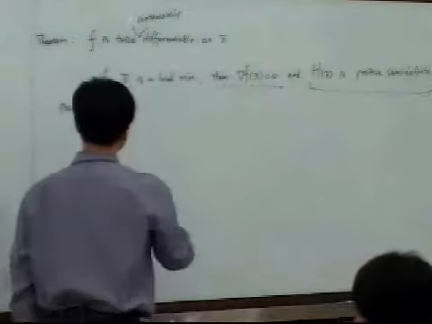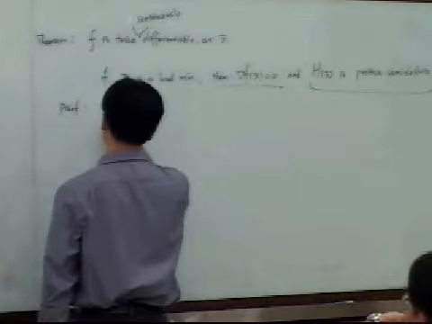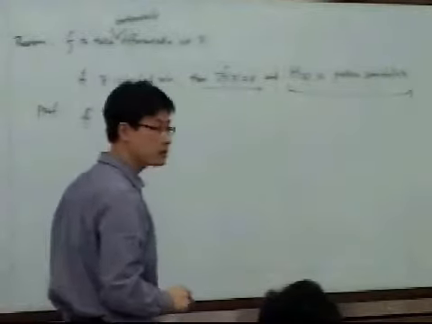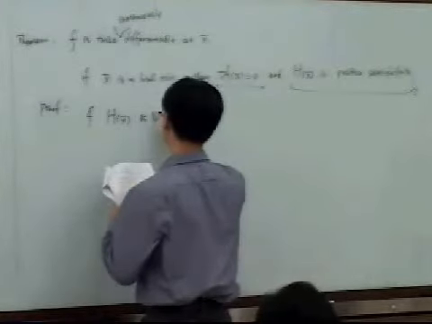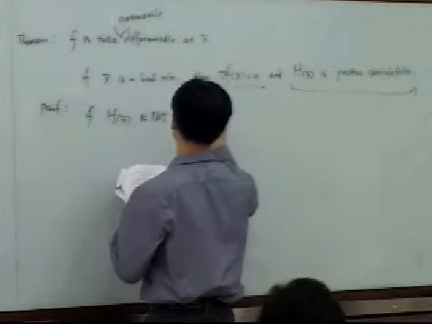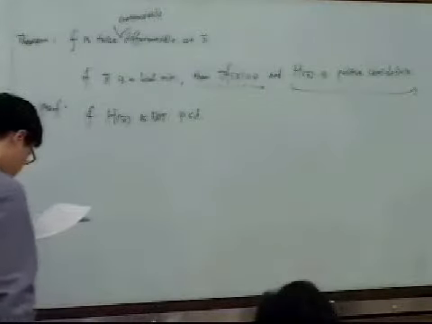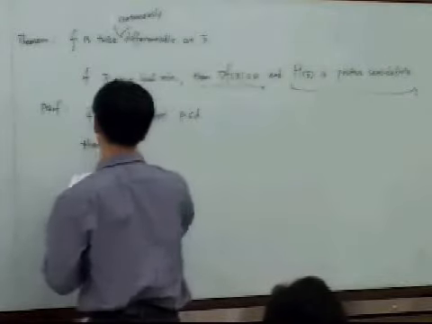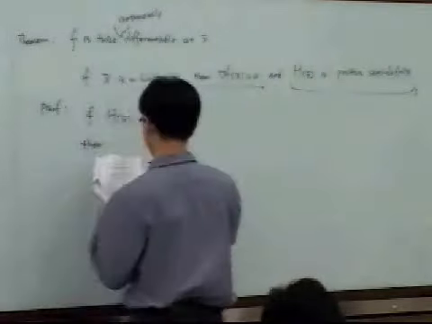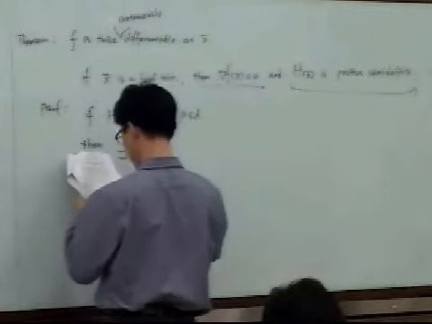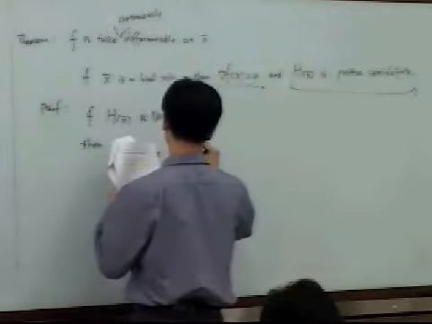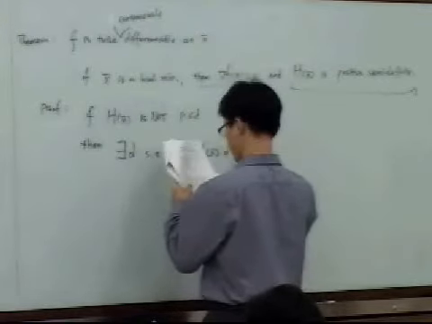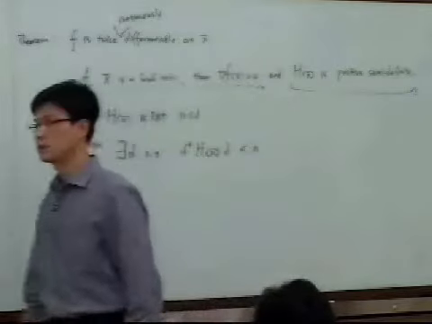Same approach. If the Hessian matrix at x bar is not positive semi-definite, then according to the definition, there exists a direction D such that D transpose Hessian D is less than 0.